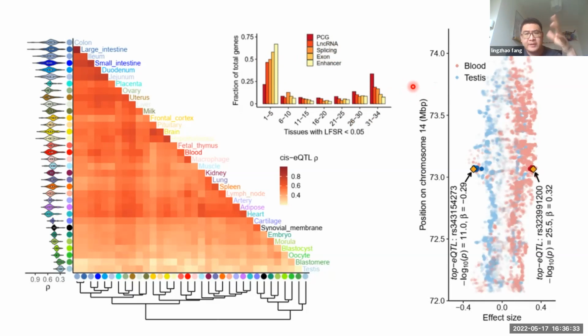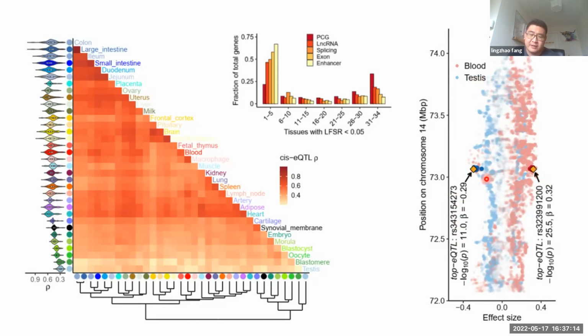Another very interesting finding came when we asked whether any SNPs can have the opposite effect on the same gene between tissues. This is just one example, but in total we detected 600 genes with this behavior. This is the gene name. Looking at the effect sizes from the cis-eQTLs, you can see the same SNPs, or different SNPs that are in complete LD, have a negative effect on this gene's expression in testes but a positive one in blood.